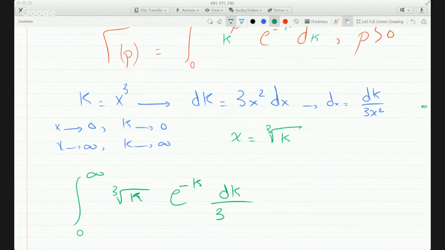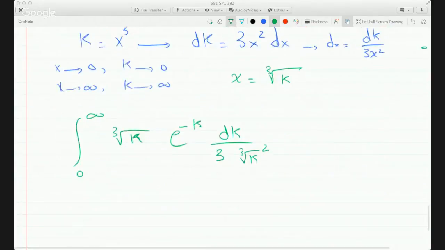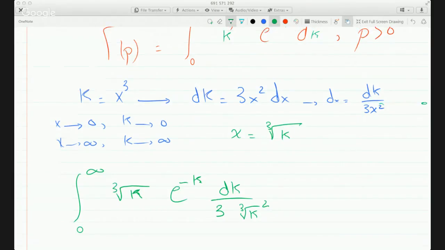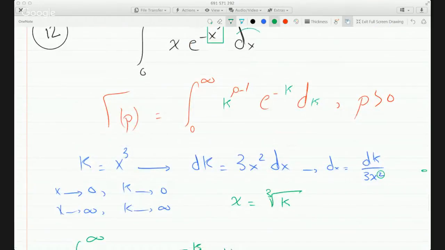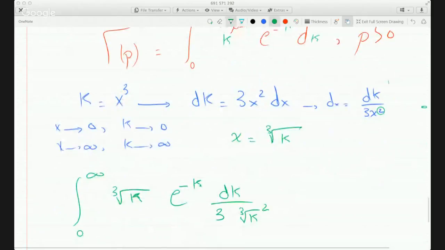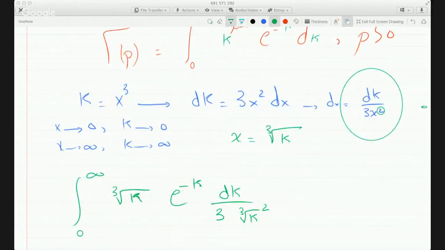But x is cube root k, so this becomes cube root k squared. Now all I have to do is rearrange it. I'm replacing dx with this, and I replaced x with cube root k.